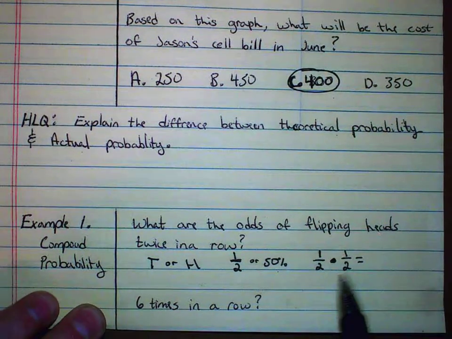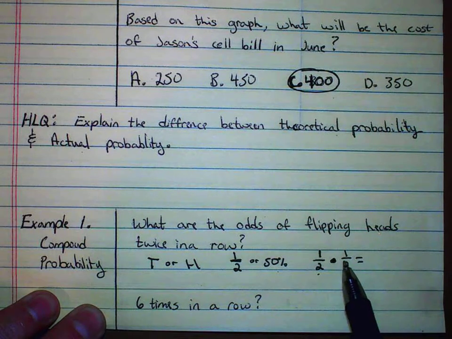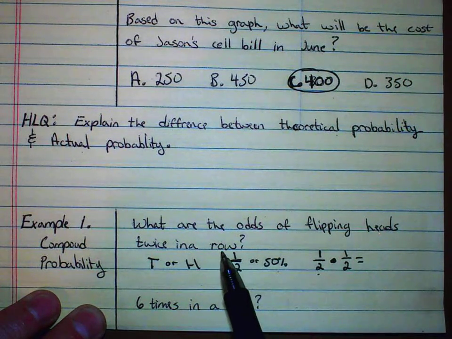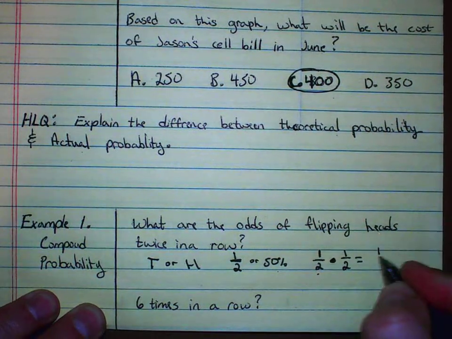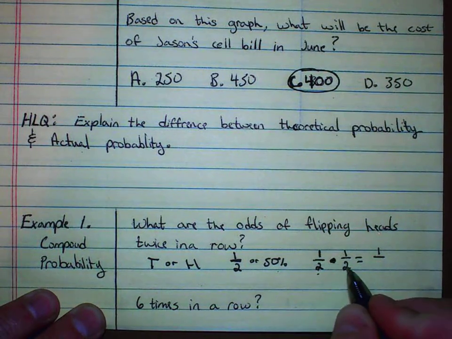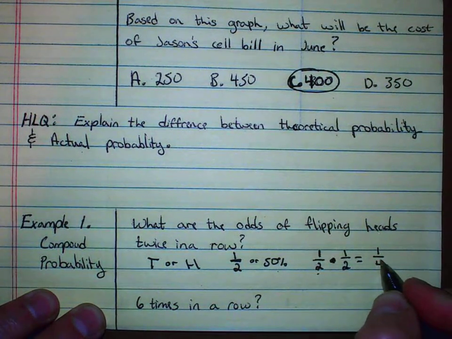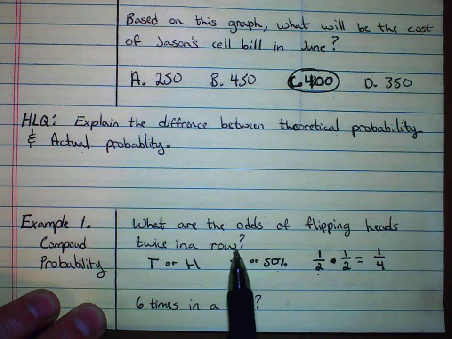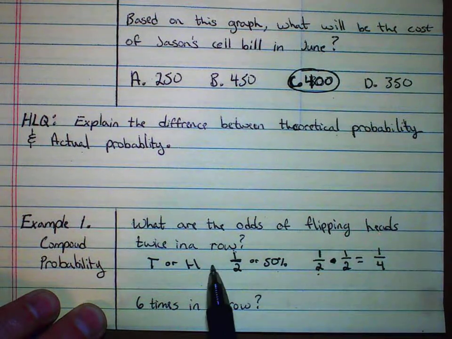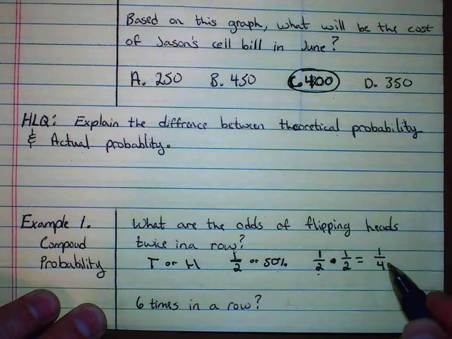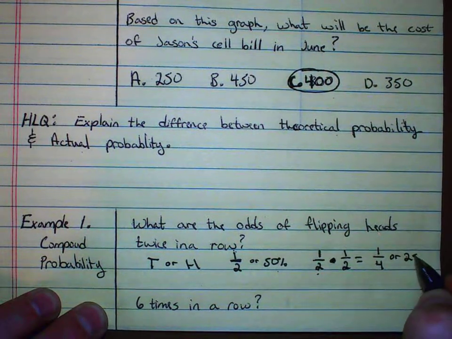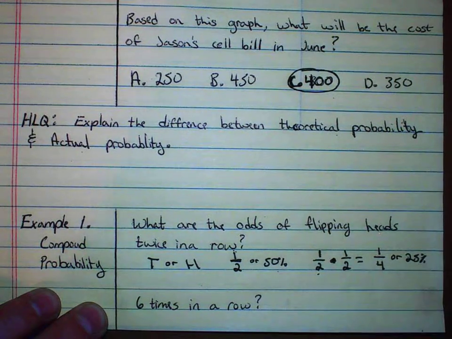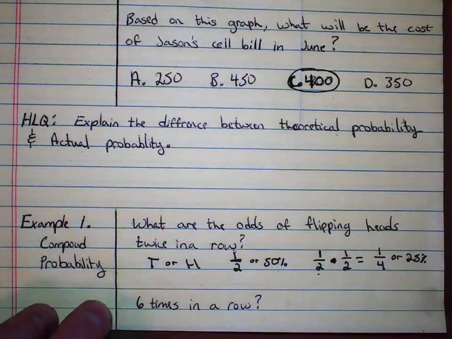Now, when you're looking at half a chance and you've got to do it in a row, that means I am multiplying. So 1 times 1 and 2 times 2. So now if I want to flip heads twice in a row, I have a 1 in 4 chance of doing that, or a 25% chance, as we convert 1/4 to 25%.